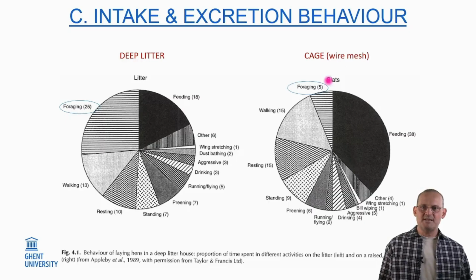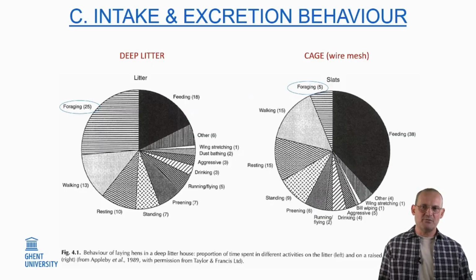And you see that the amount of foraging behavior is much higher in the deep litter system than in the cage system. And in the cage system, they spend more time with actual feeding behavior than in the deep litter system. So the ratio between foraging and feeding behavior is very, very different in a deep litter versus a cage system.